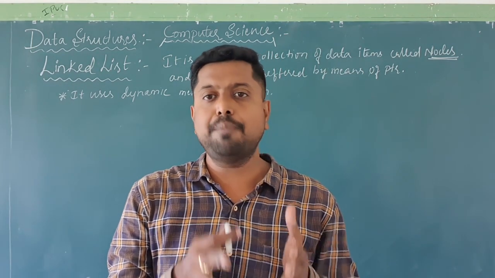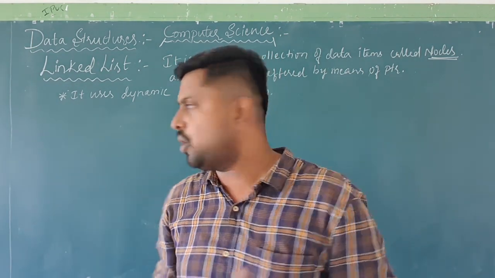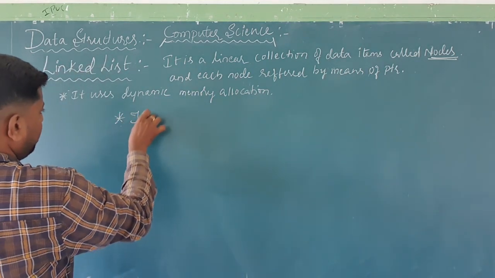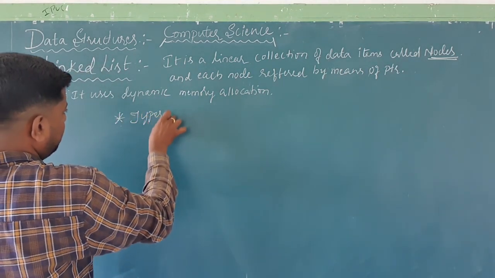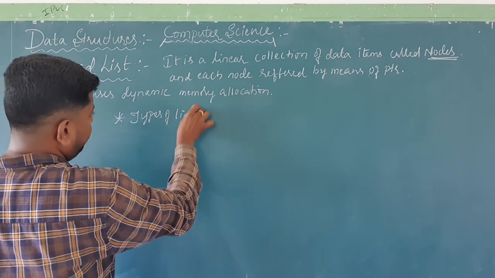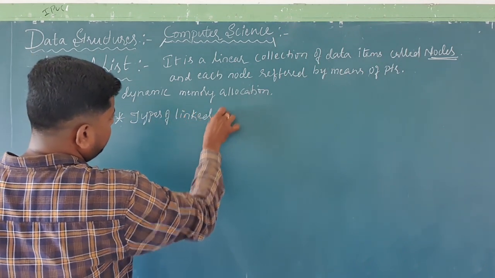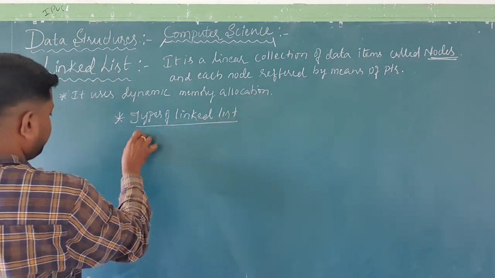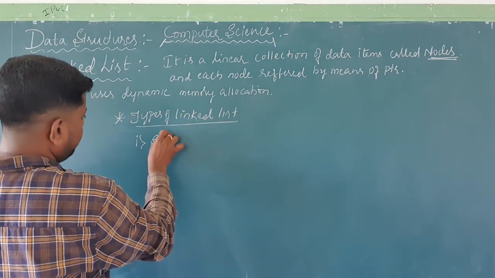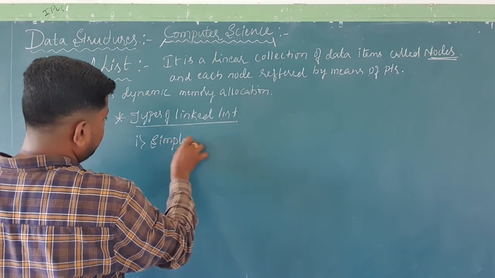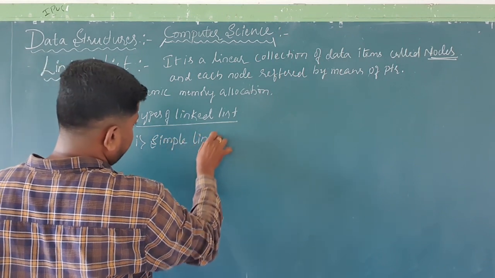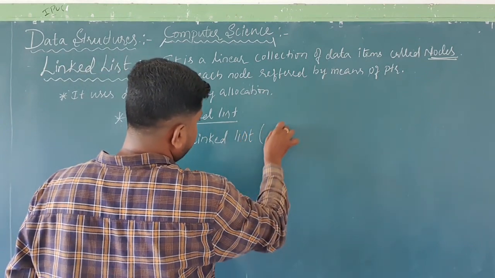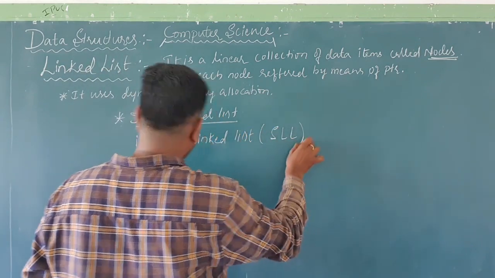Then we have some types of linked list. If I classify the types of linked list, the first one is simple linked list, that means SLL.